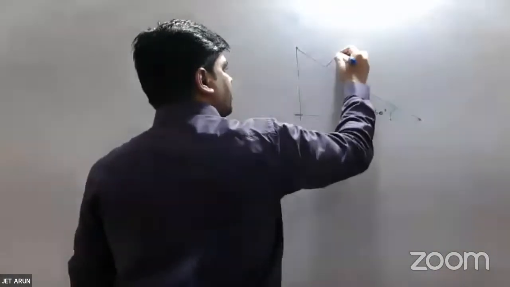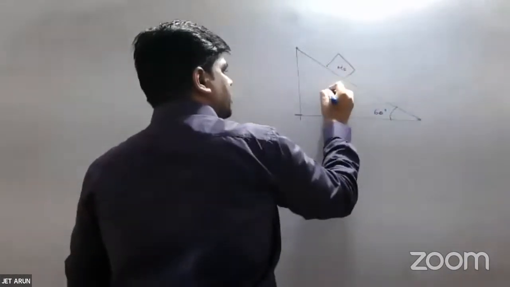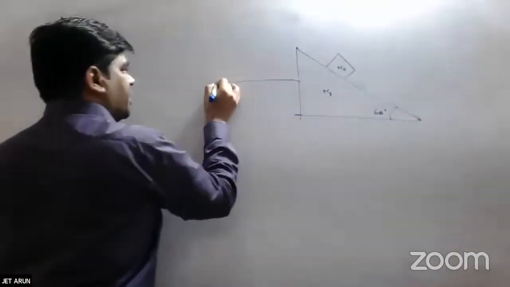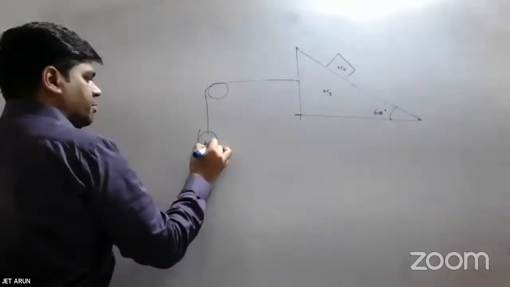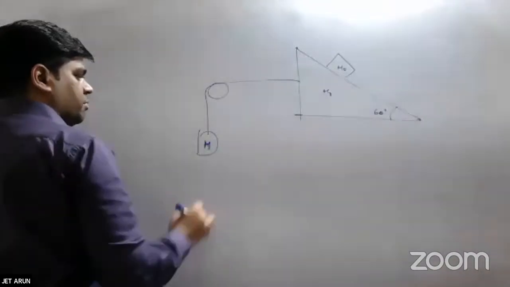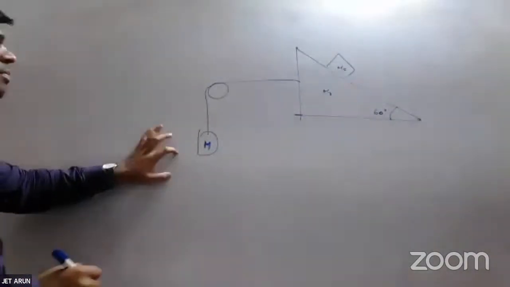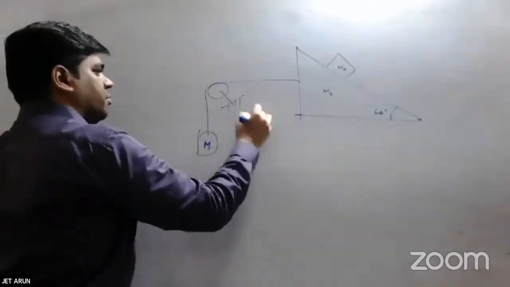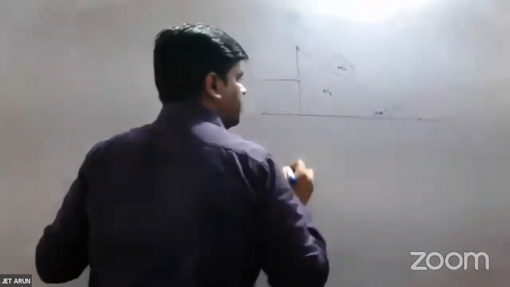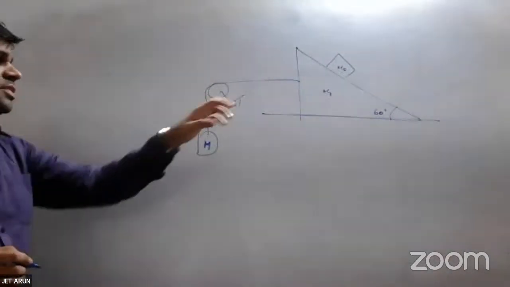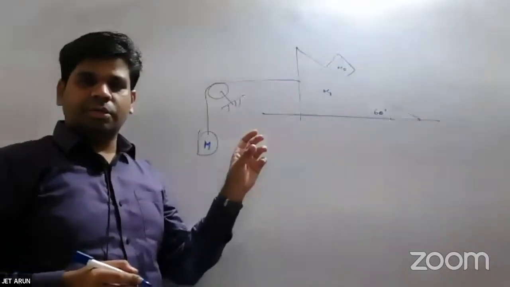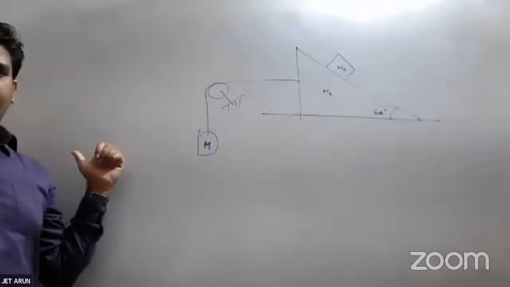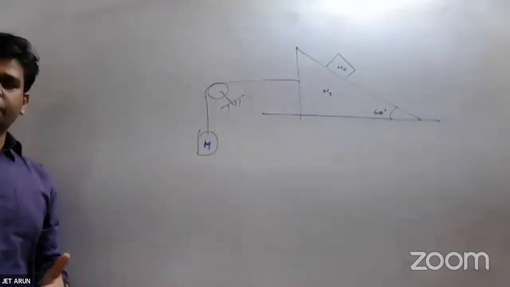And there's a mass here, m naught. This is m naught, and this is attached to a pulley. Here is the mass m. I have to determine m such that this mass m naught comes down vertically downwards. The small block comes down vertically downwards with respect to ground. In other words, normal reaction becomes 0.